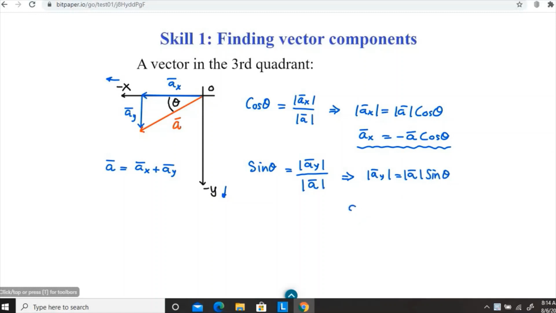Now, as a vector, we need magnitude and direction. Just like ax, ay is pointing in the negative y direction. So as a result, we have to put the negative sign: negative A vector times sine theta. So this is how we represent the component vectors in the third quadrant.